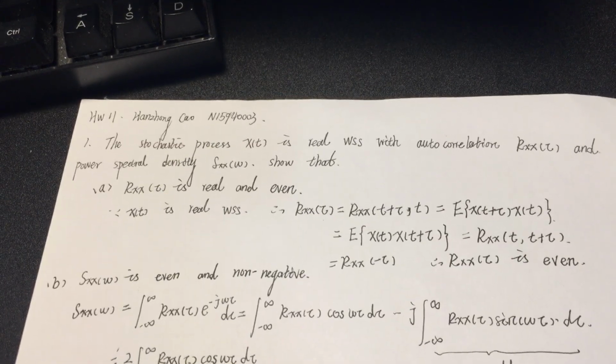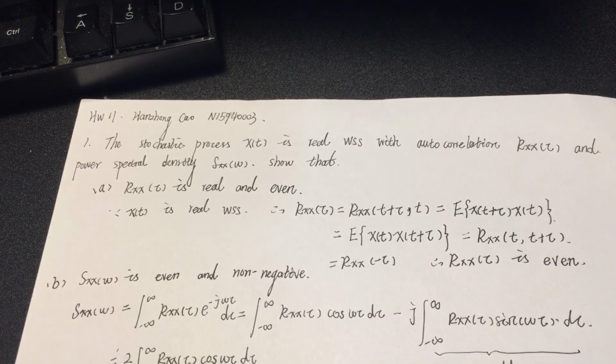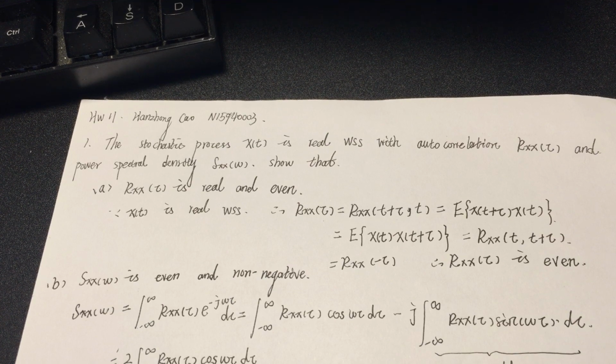Because X(t) is real and wide-sense stationary, Rxx(tau) equals Rxx(t plus tau, t), and it equals the expectation of X(t plus tau) multiplied by X(t).